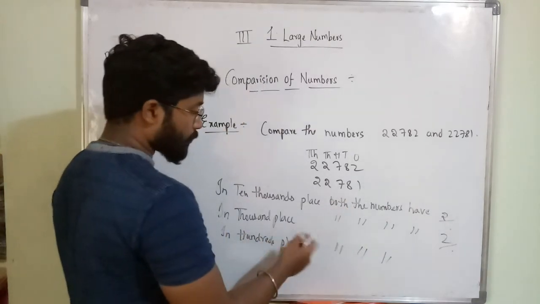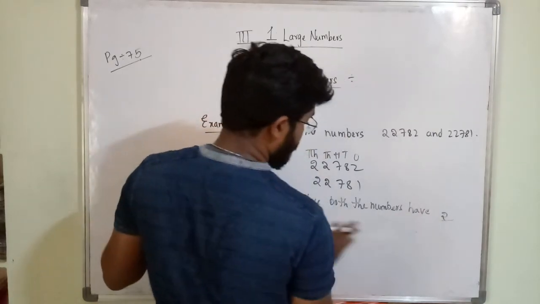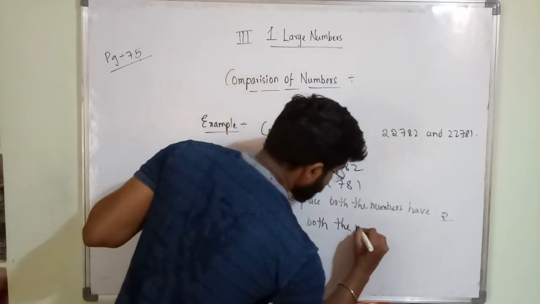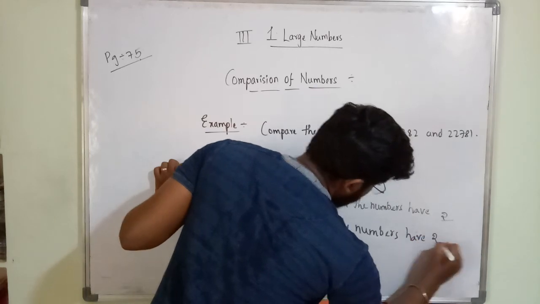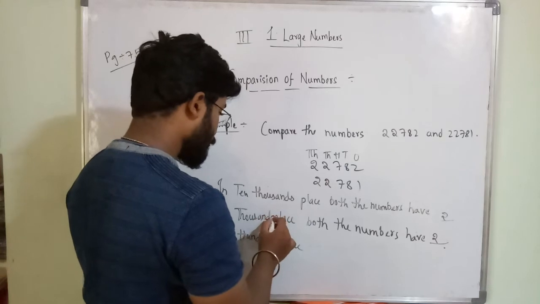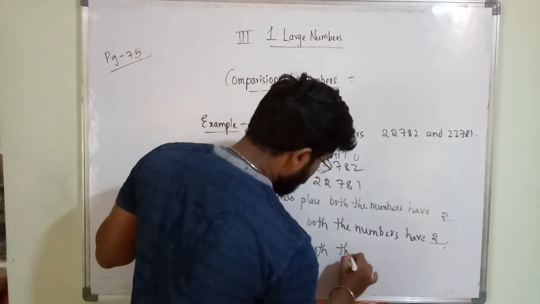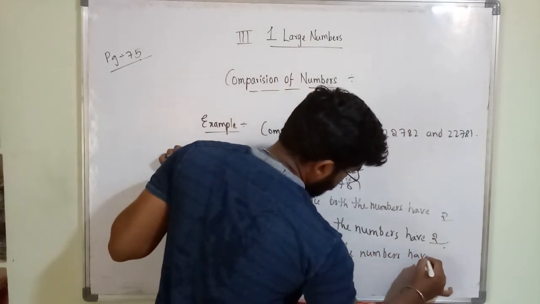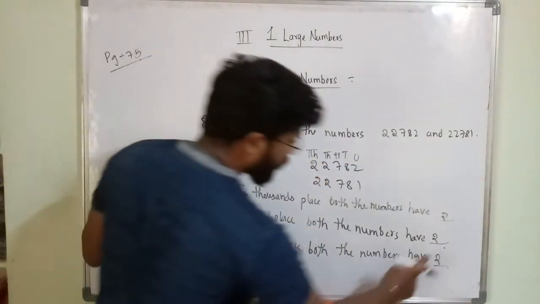To avoid confusion I will write the statement: both the numbers have 2 in the thousands place. In the hundreds place, sorry, you are having 7.